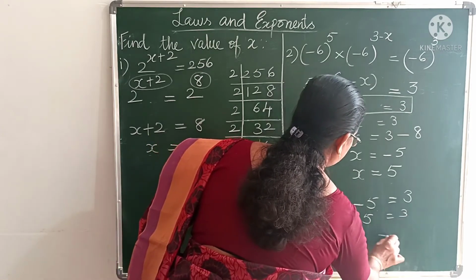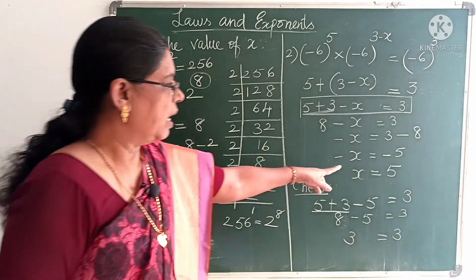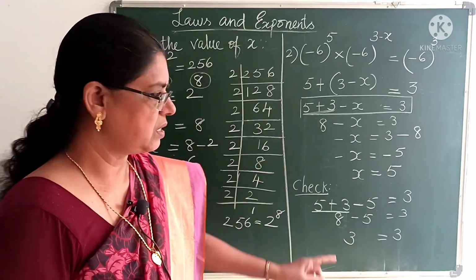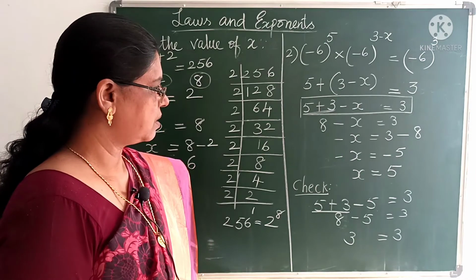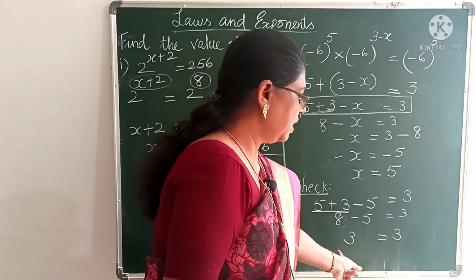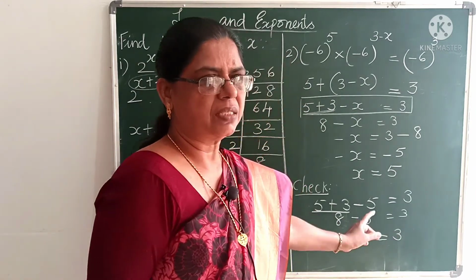And that side, the answer is 3. So the answer which you got here, x is equal to 5, is correct. This is how you can check your answers. Replace x by 5 and check whether the answer is same on both the sides.